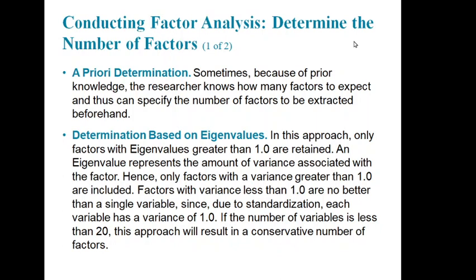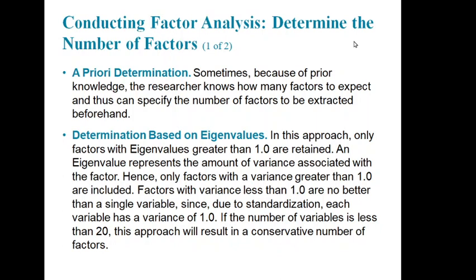Another type of factor determination is based on eigenvalues. This is the most commonly used technique. That is, you find out the factors using the eigenvalue. In this approach, only factors with an eigenvalue greater than 1 are retained. An eigenvalue represents the amount of variance associated with the factor.